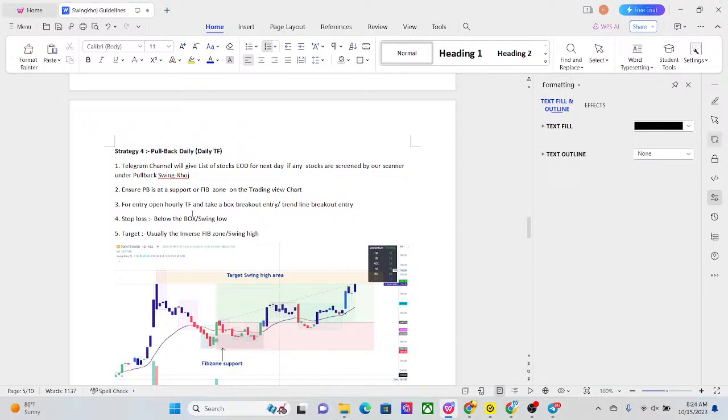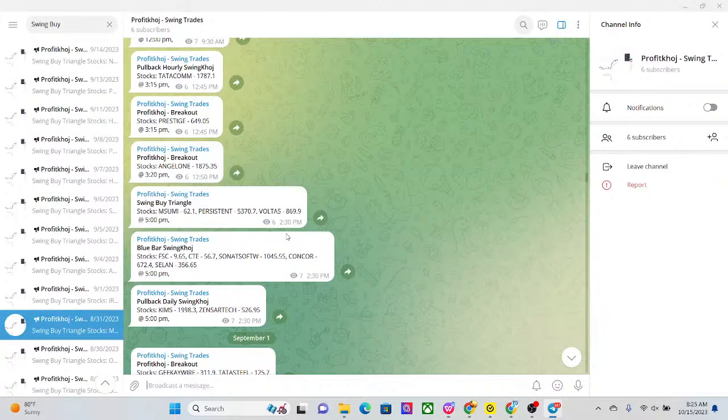For entry, you can go for the hourly time frame and take a box breakout entry or trend line breakout entry. Stop loss below the box, and target usually the inverse fib zone. I will show you how to take the targets here. Okay, let's take some examples from the scanner.